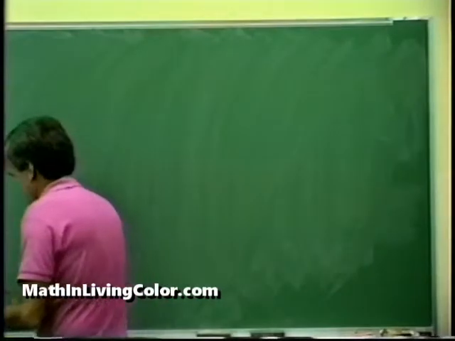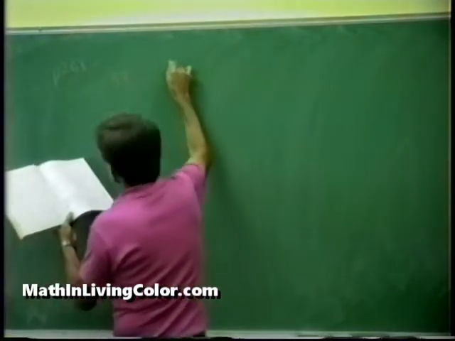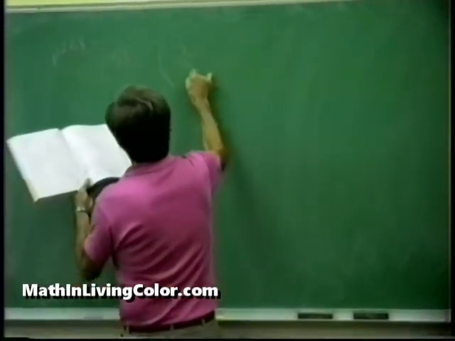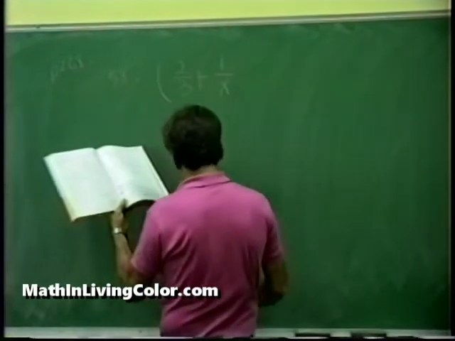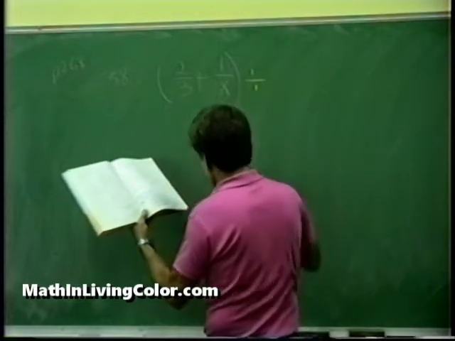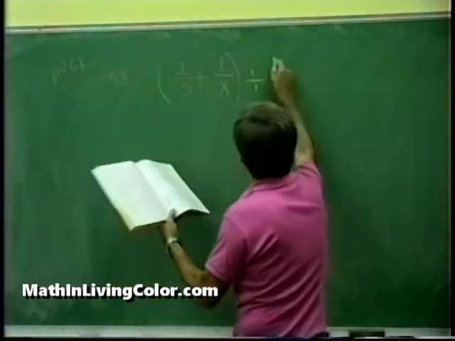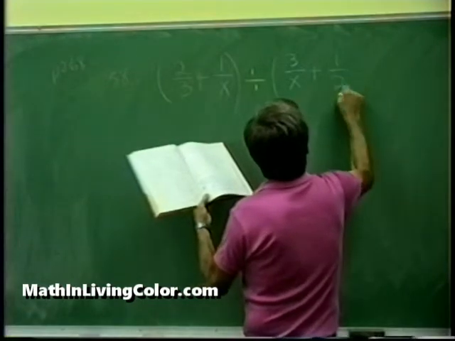All right, on the same page, page 268, number 58, it says parenthesis 2 divided by 3 minus 1 divided by x, and then it says divided by 3 divided by x plus 1 divided by 2.